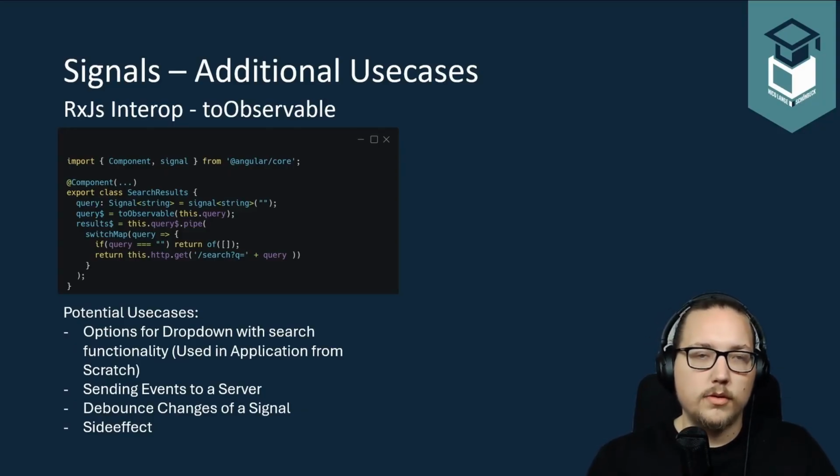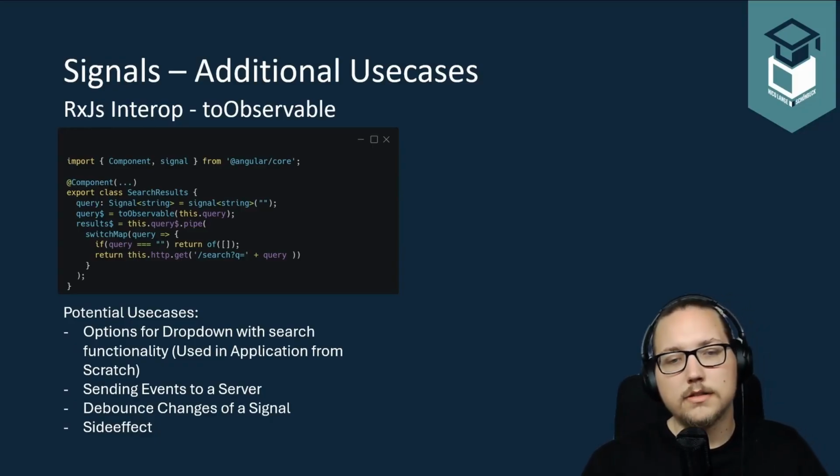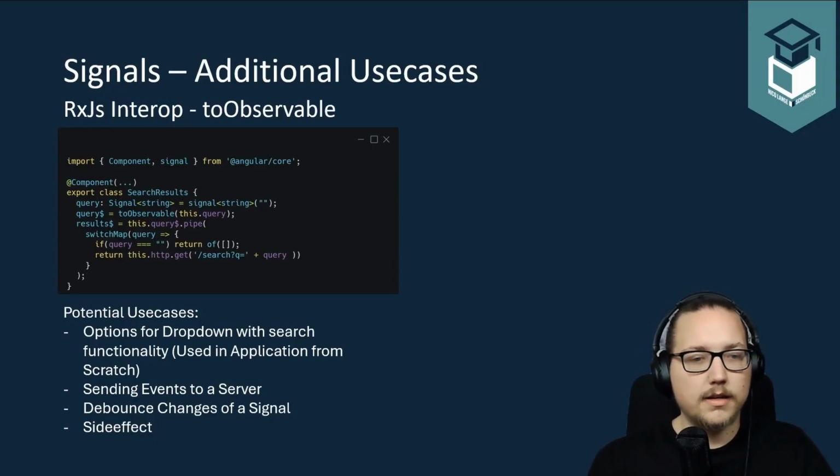This allows you to delay or sum up some changes and not send them instantly. And of course, it could be helpful for some side effects where you want or need a pipe from RxJS.